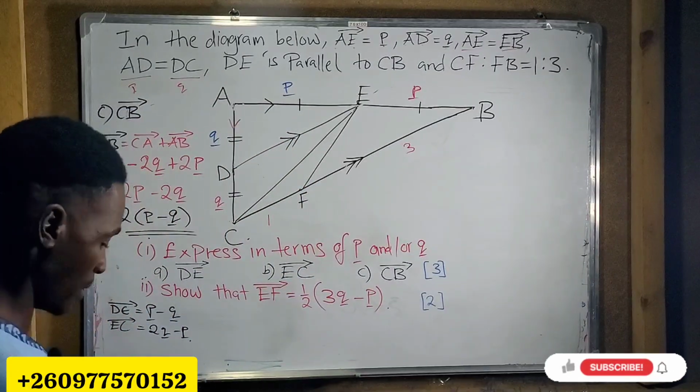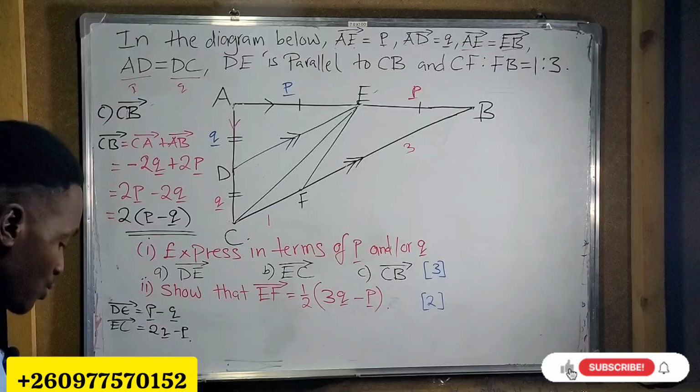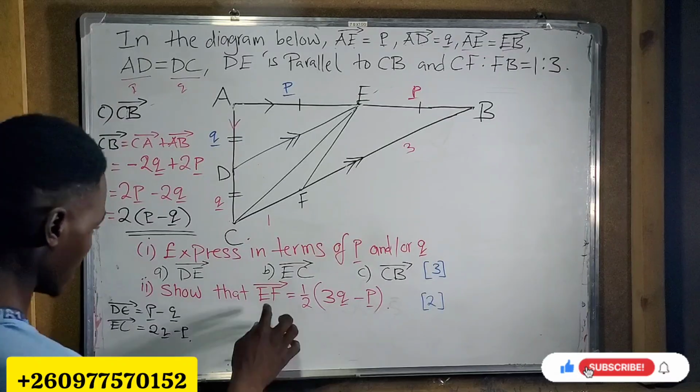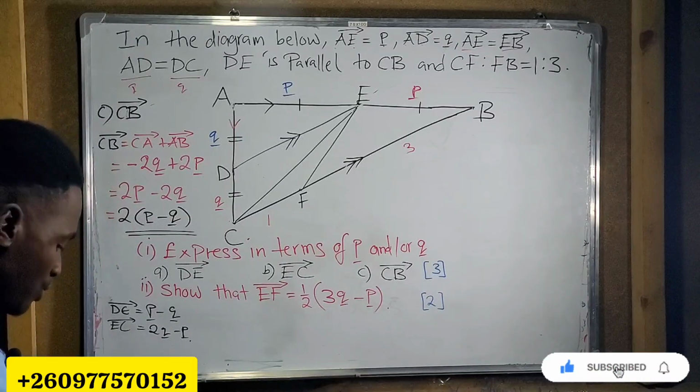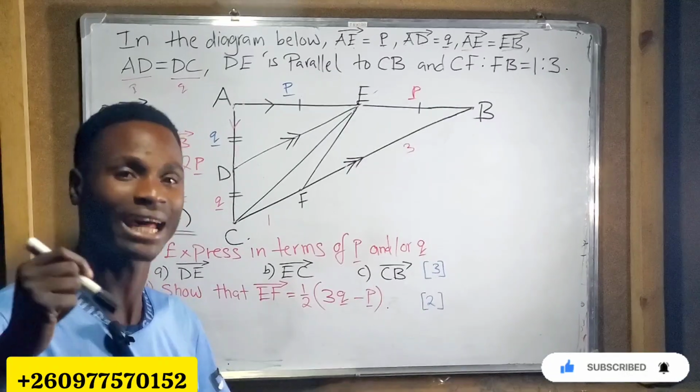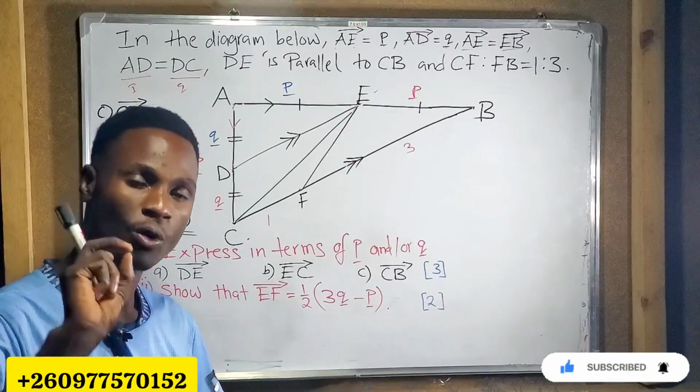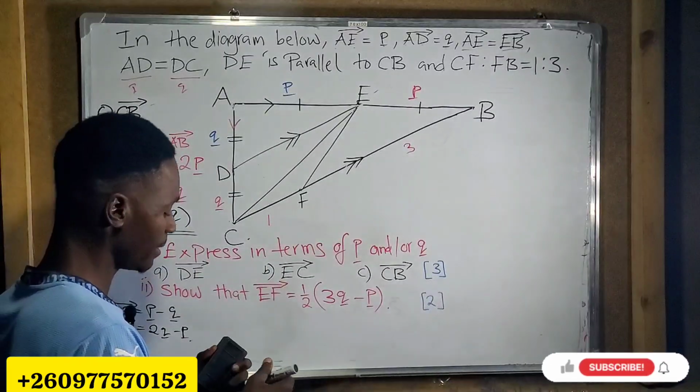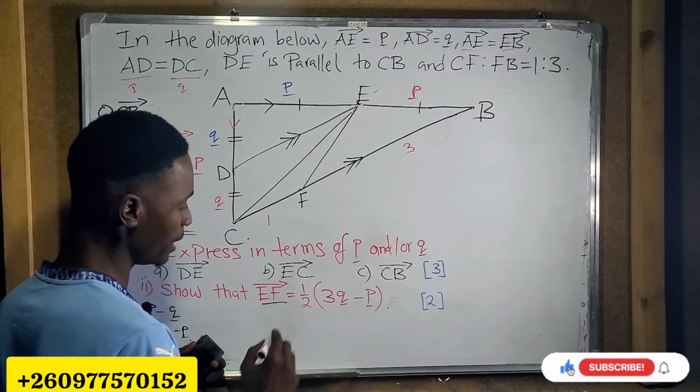The last one, we are asked to show that this is equal to this. Now, where do you start from? You always start from whatever you are given here. So we're going to start with EF.